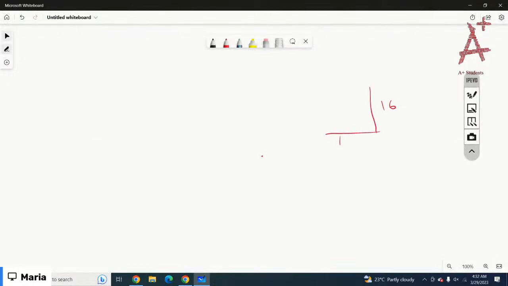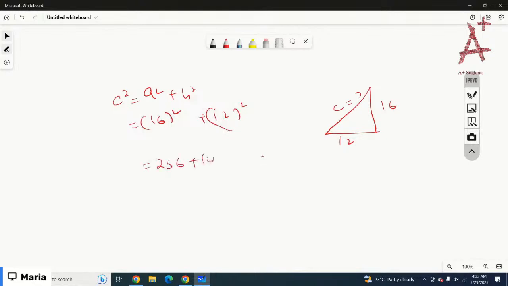So here is 16 and here is 12. You need to calculate this distance. Got it? You need to calculate c. It would be c square equals a square plus b square, 16 square plus 12 square. Got it? So 16 square is 256 plus 144. Got it? That would be 400.